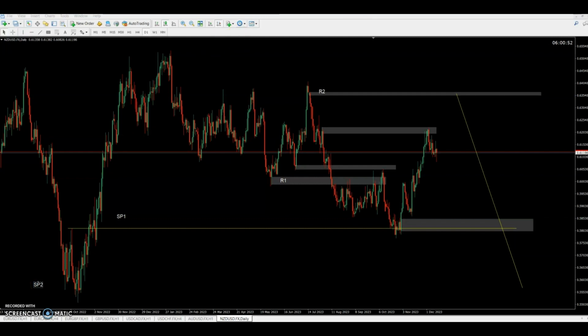And so if we plot this out, you got your high, low, high, low. Oh, now we got a new high, right? Market goes lower. We hit SP1. Now, again, this is R1, R2.